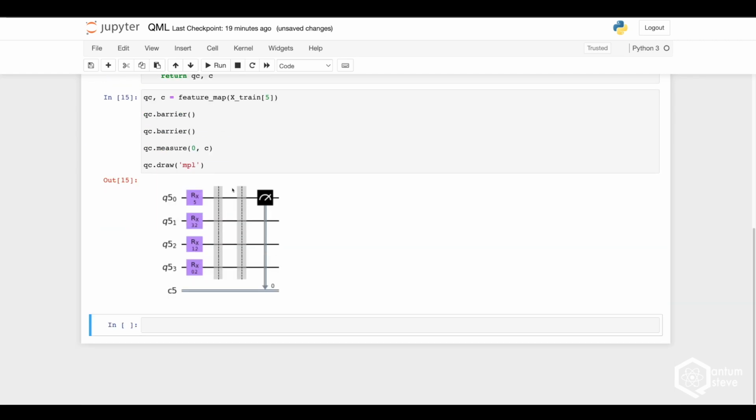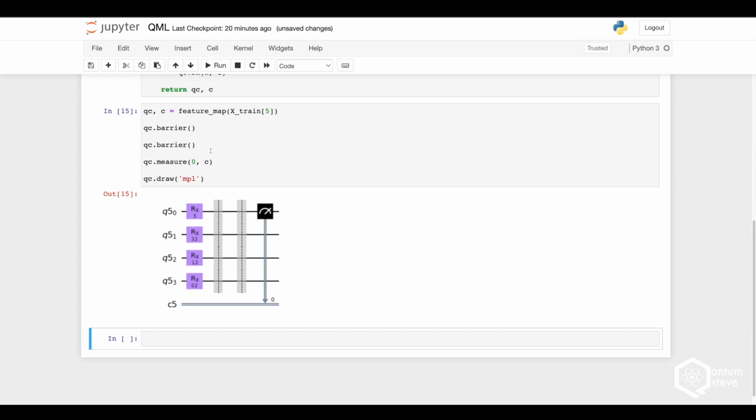Okay, so now I've put here two barriers, these gray lines for visualization. Essentially, in between those two gray lines, I want to put some more rotations. And those rotations will have angles that we want to learn. So we want to optimize those angles such that the quantum circuit then predicts the right label.